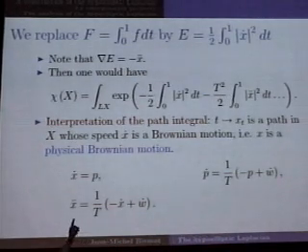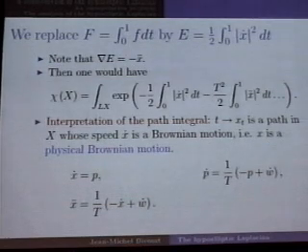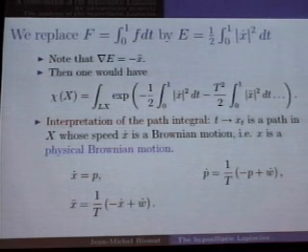I wrote it as x dot equals p, and p dot equals 1 over t minus p plus w dot, where w is the Brownian motion. That's the first description of this measure.